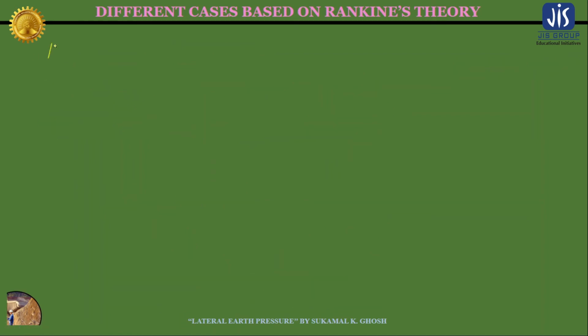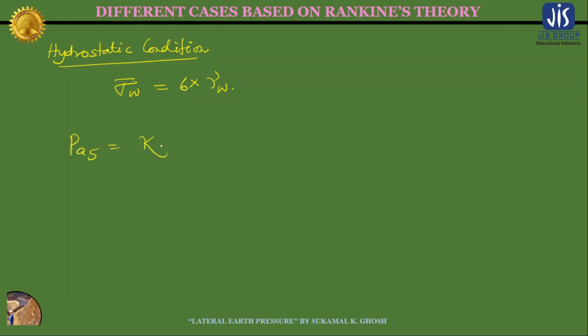Now for the hydrostatic condition, the effective stress, that is sigma W bar, will be height into the unit weight of water, and the Pa5 will be Ka into sigma W bar.